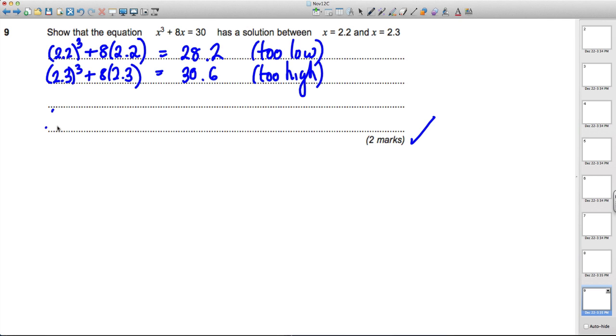So therefore, there is a solution between 2.2 and 2.3. Because 2.2 is too low, 2.3 is too high, there must be somewhere between 2.2 and 2.3 that's equal to 30 exactly.